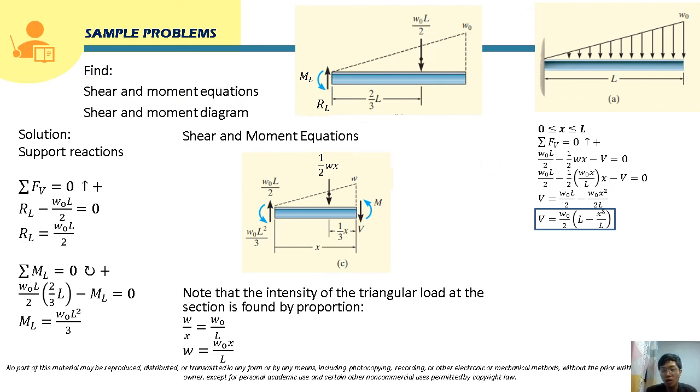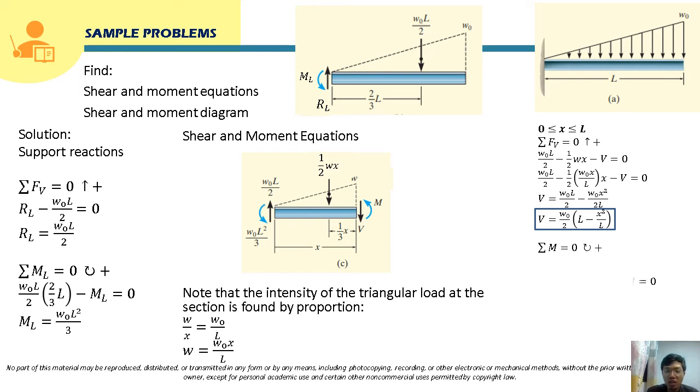Now, for the moment equation, we are going to take moment again at the cut section to cancel the internal shear force V. So taking moment at this point of the cut section, this will be equal to 0, and our assumption will be clockwise rotation is positive.